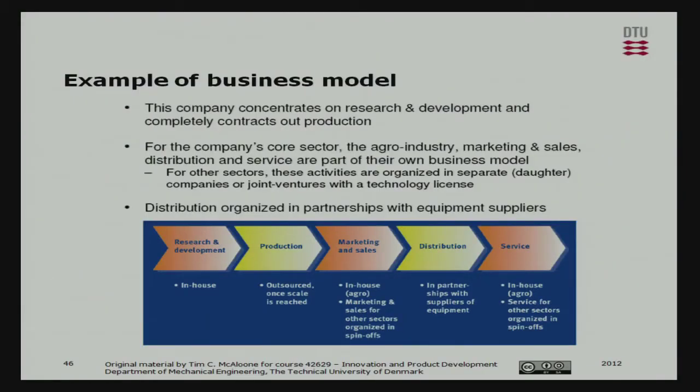Just to take an example here, this is a company proposing new measuring equipment where their key business area is the agro industry, the agricultural industry, and it's measuring equipment for diagnosing the quality of agricultural products.